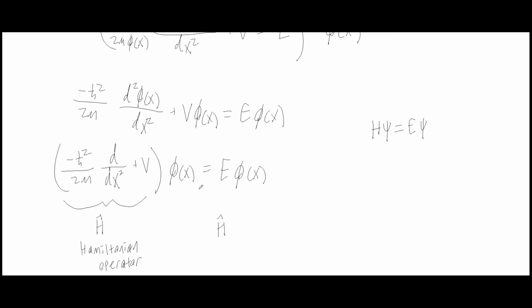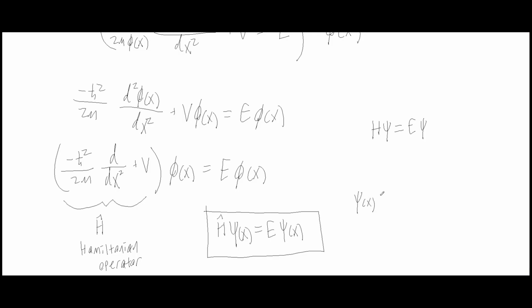This is still phi, but you will often see it written as psi, as a function of x equals E psi as a function of x. And so this is that canonical time-independent Schrodinger equation where we have our Hamiltonian operator acting on our function, which we now know is an eigenfunction.